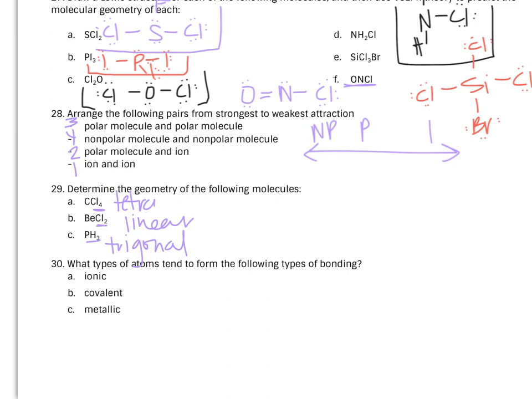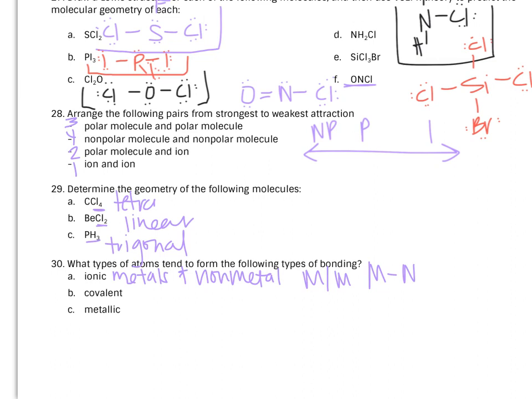Number 30 asks, what type of atoms tend to form the following types of bonding? So what tends to form ionic bonds? Those are both metals and nonmetals. So you could have a metal and a metal, or you could have a metal and a nonmetal.